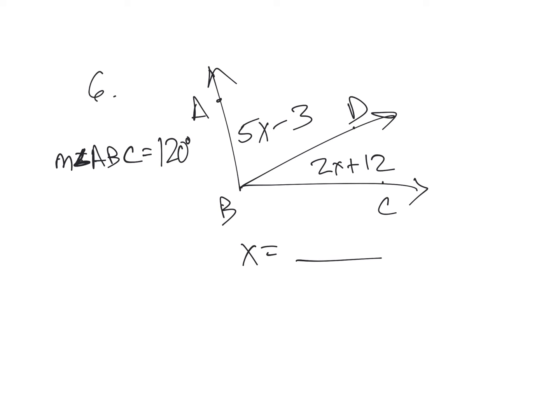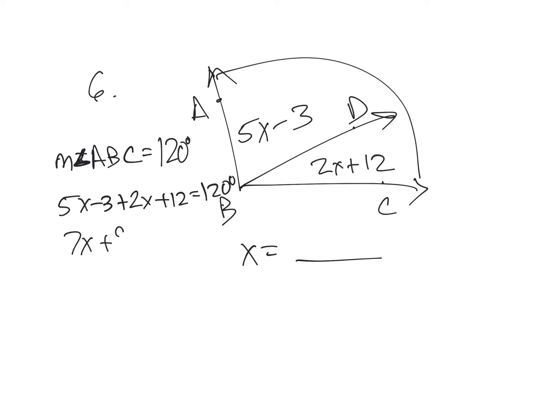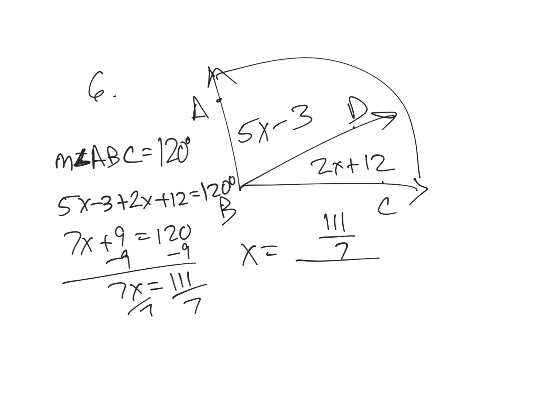What does x equal? Okay, so what you're supposed to do, since ABC is the bigger angle, you have to add those two together. So 5x minus 3 plus 2x plus 12 is equal to 120 degrees. So 7x plus 9 is equal to 120. Did we get that far? Subtract 9. 7x is equal to 111, and divide off the 7. So 111 over 7, whatever. Okay? 15.8. 15.8, there you go.